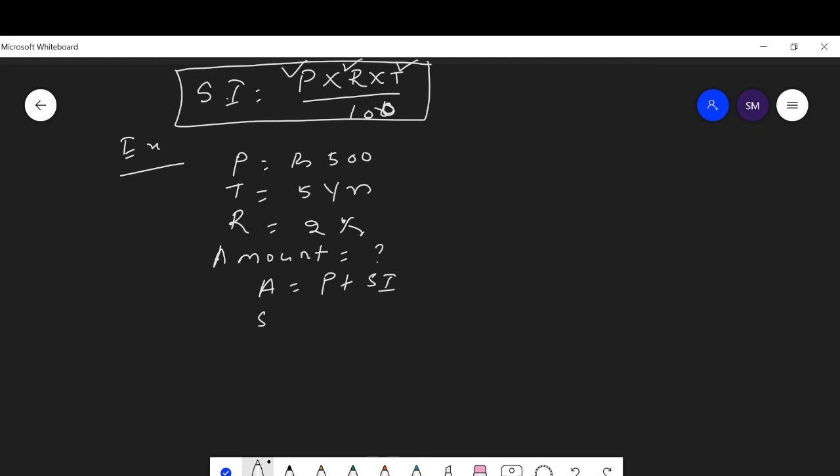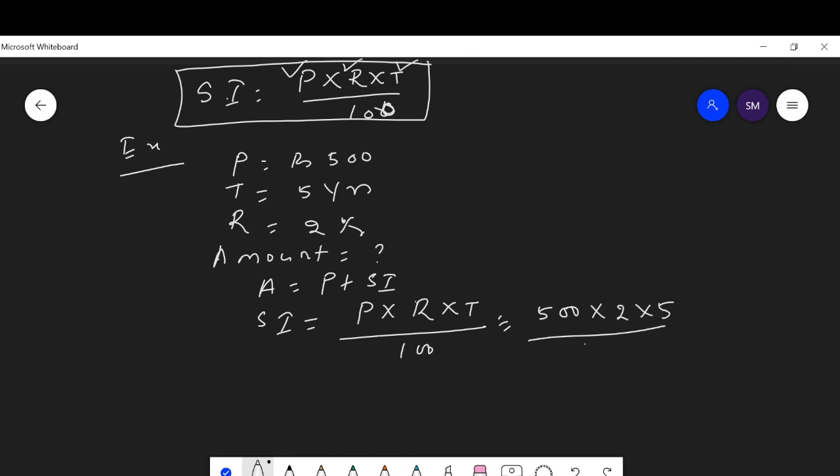At first we have to find out simple interest. Simple interest is equal to principal into rate of interest into time period upon 100, which is equal to 500 into 2 into 5 upon 100. Then we get rupees 50. The simple interest is rupees 50.